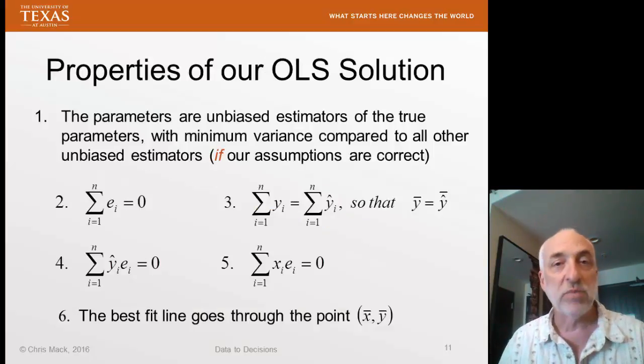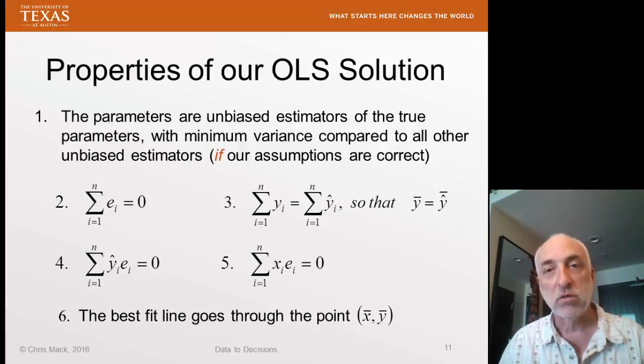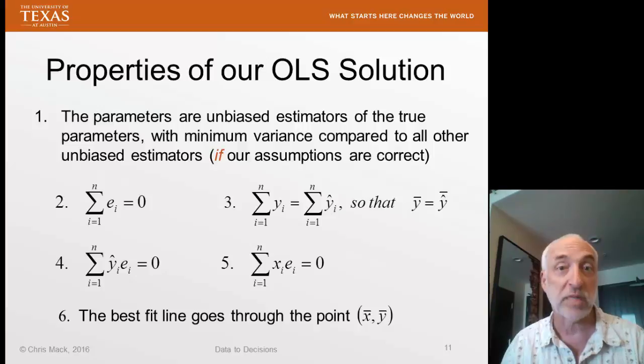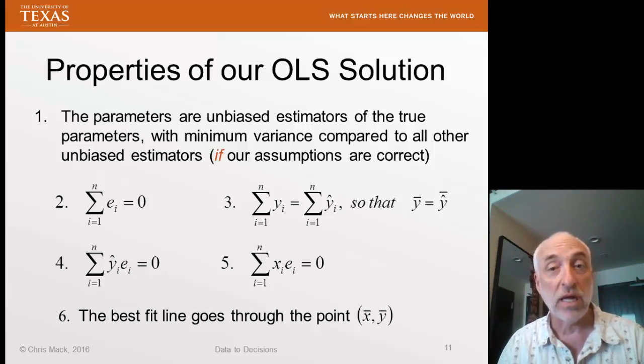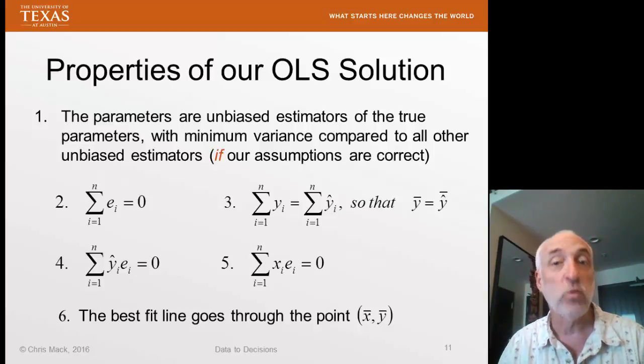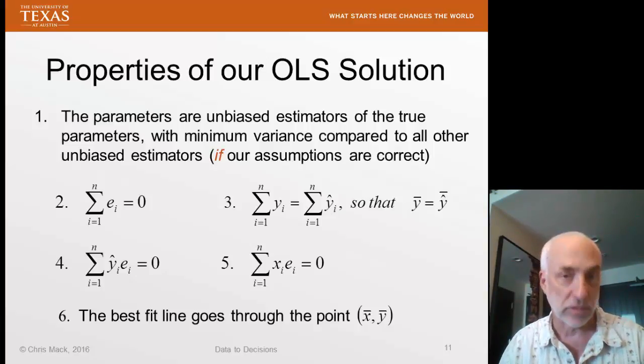Just for reference, some properties of our ordinary least squares solutions. The first property is the most important one from our perspective. If our assumptions are correct, then our ordinary least squares solutions will produce parameters that are unbiased with minimum variance.